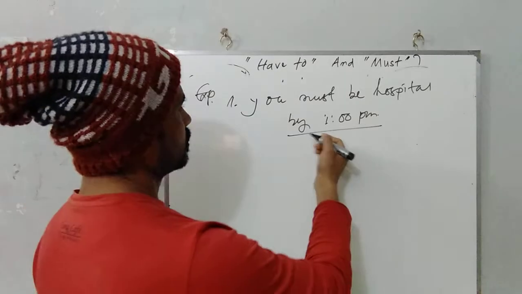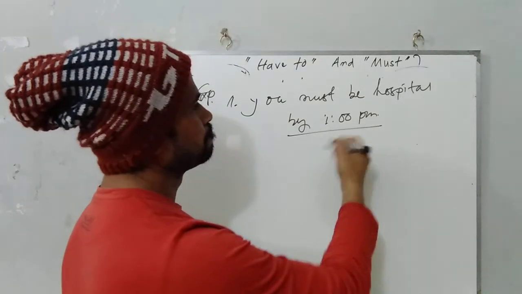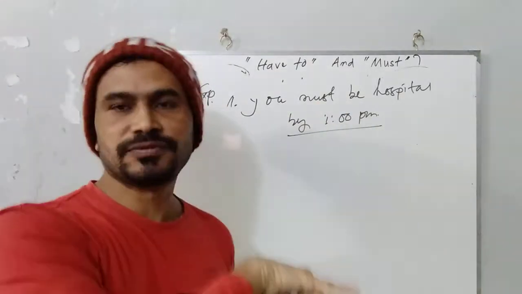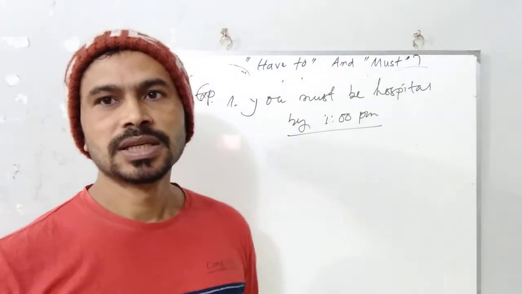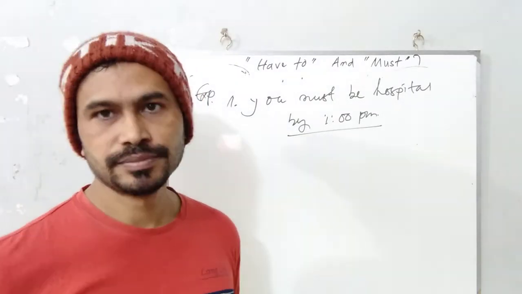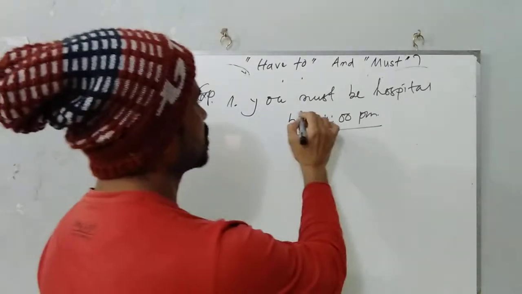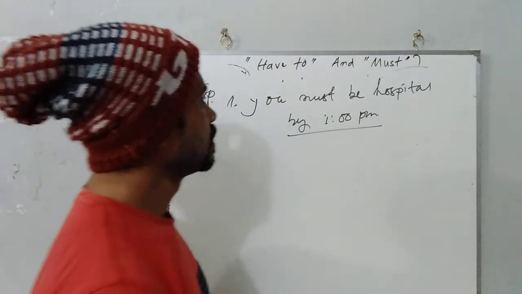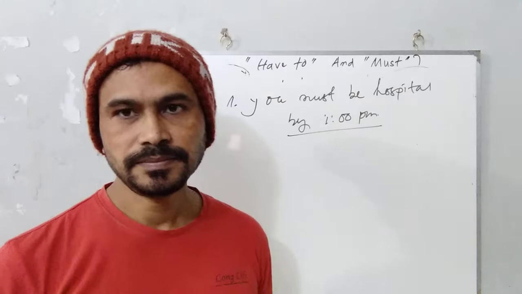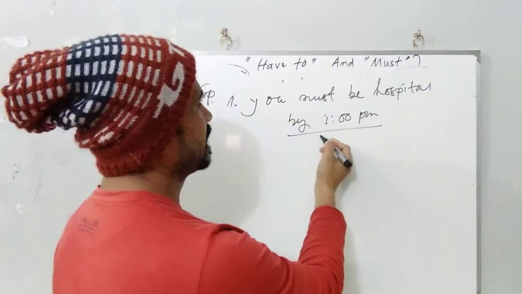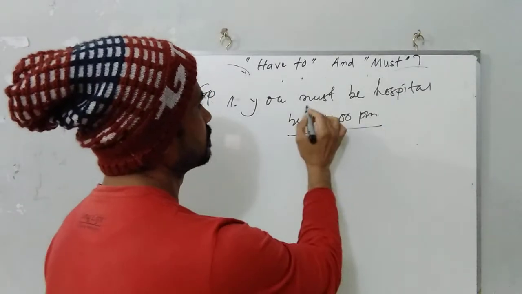So this is a definite time, a certain time, and in this definite time you have to reach there, or you have to go there. Okay, you must be at the hospital by 1 p.m. So specific obligation.